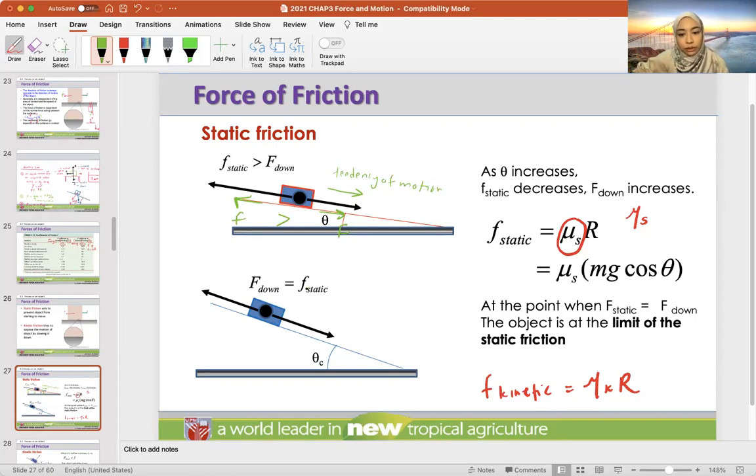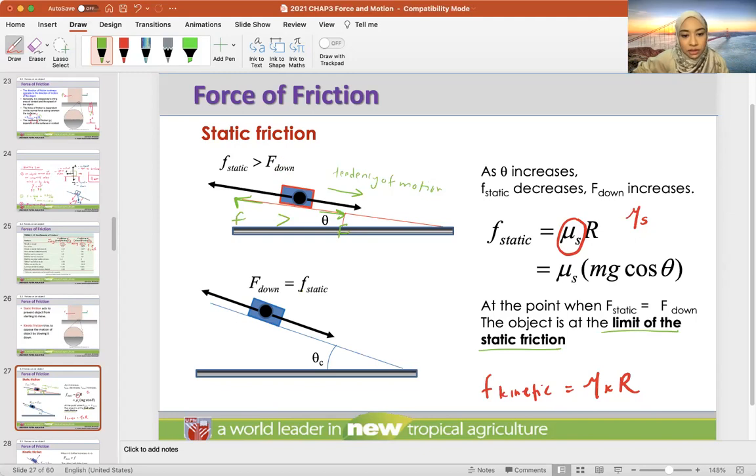But when F down is equal to F static, the object is at the limit of static friction. Okay, again, mula-mula if our F static is greater than force untuk menggelongsor ke bawah, therefore the object will remain at rest ataupun not moving.